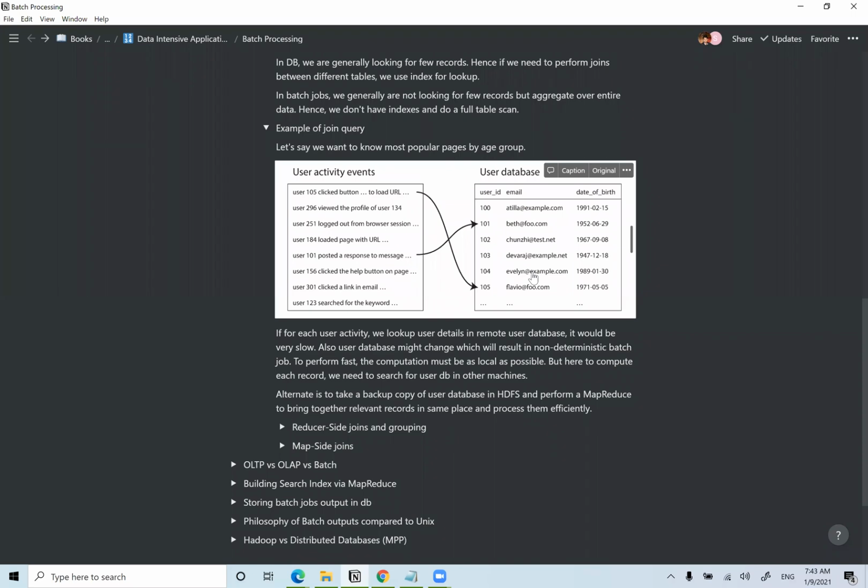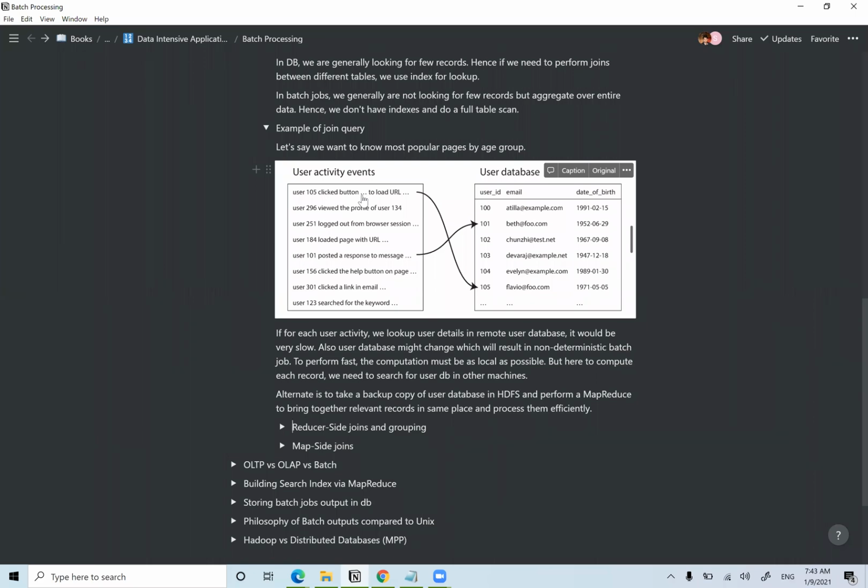The other thing is, in this scenario, let's say for each user activity we have to find out which age group it lies in.